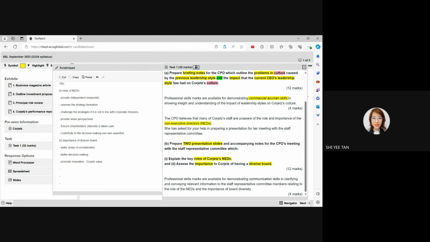Okay, now professional skills marks are available for demonstrating communication skills. Usually when they ask you to do slides, they will test your communication skills because they want to see whether you know how you are supposed to write a slide and how you are supposed to write accompanying notes. Accompanying notes is the full answer that you have, but the slides should be only short and sweet.